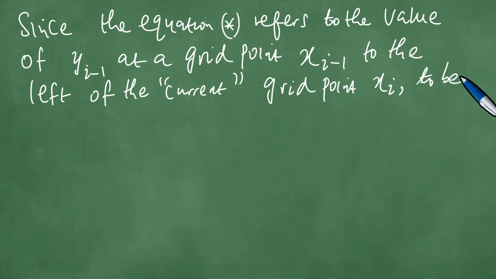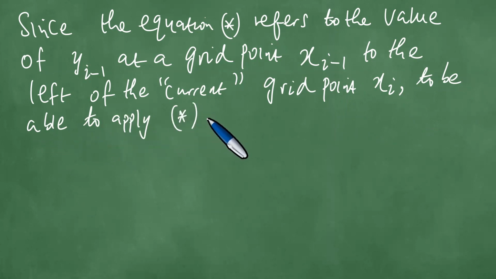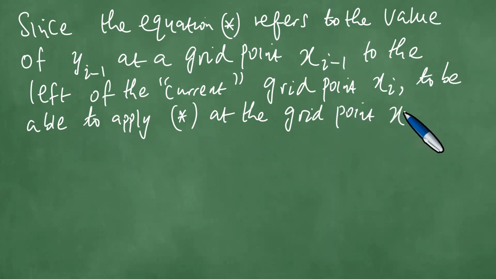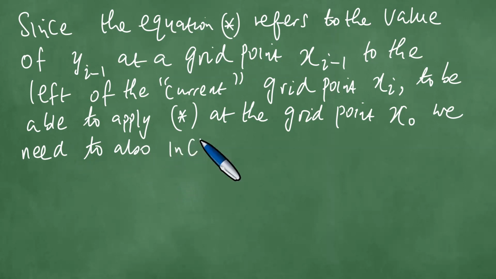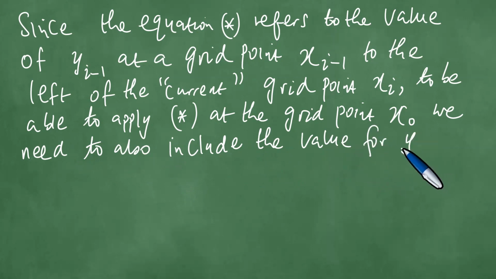To be able to apply star at the grid point x naught, we need to also include the value for y at x minus 1.